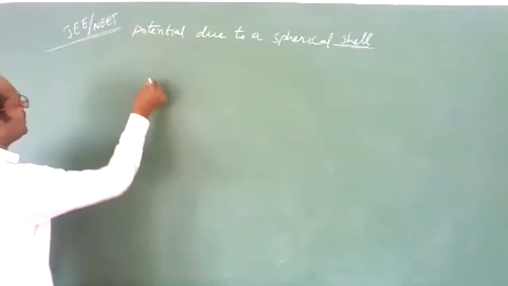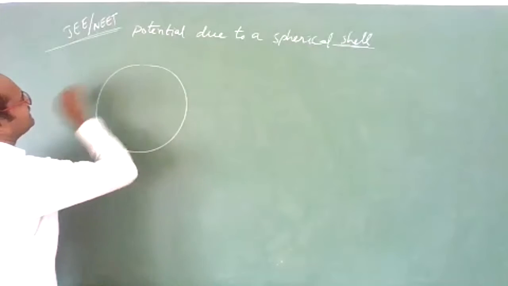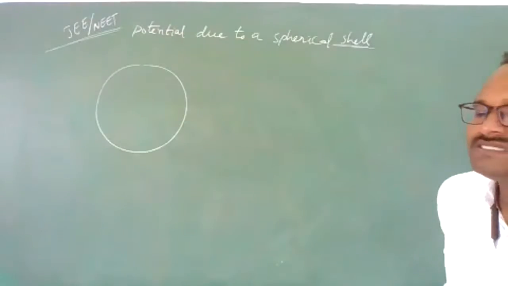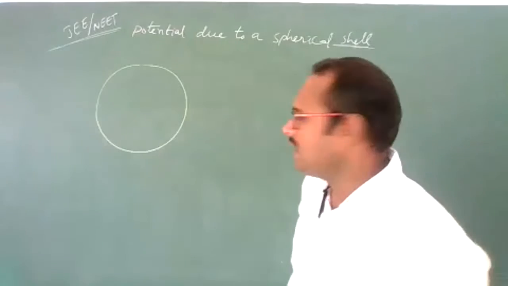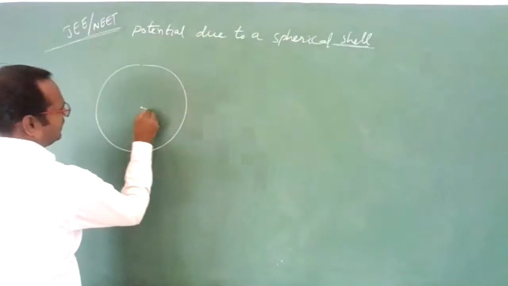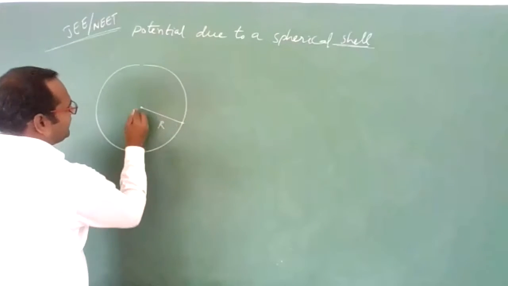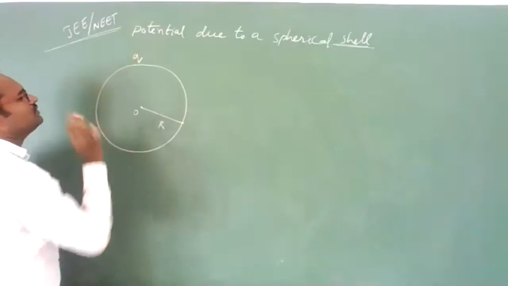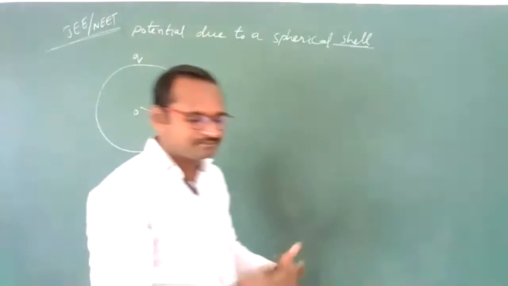Now let us imagine, students, this is one spherical shell, having a radius r from the center. On this spherical shell, let us suppose a charge q is distributed uniformly.